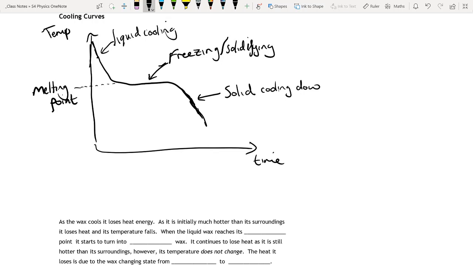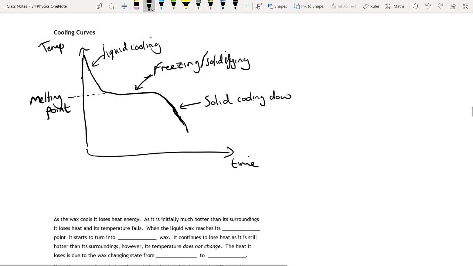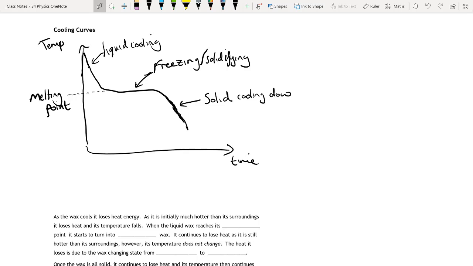So the reason it doesn't continue decreasing in temperature while changing state is because it's using the heat energy to change state. Okay. So let's fill in the gaps below this. As the wax cools, it loses heat energy. As it is initially much hotter than its surroundings, it loses heat and its temperature falls.